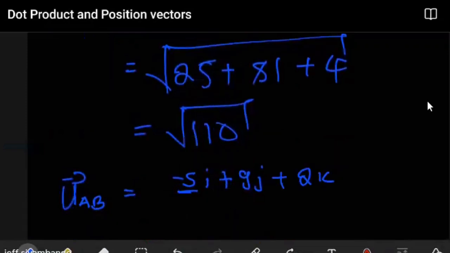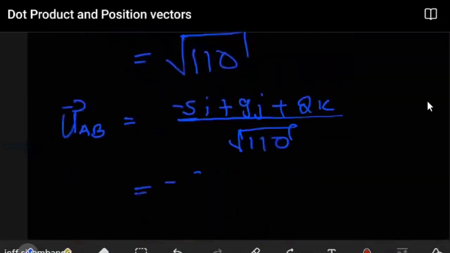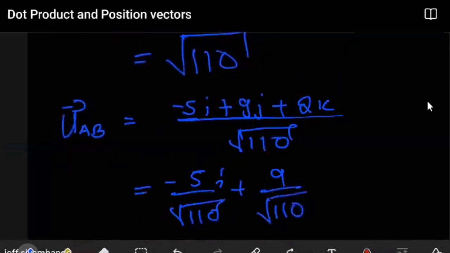This is divided by root 110. So this is the same as minus 5 over root 110 i, plus 9 over root 110 j, then plus 2 over root 110 k. So we have everything that we need.